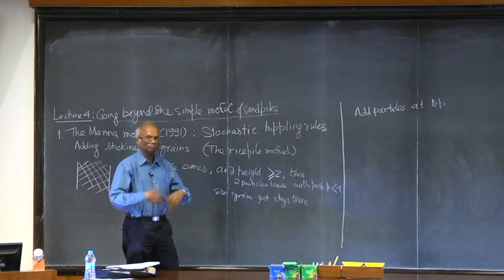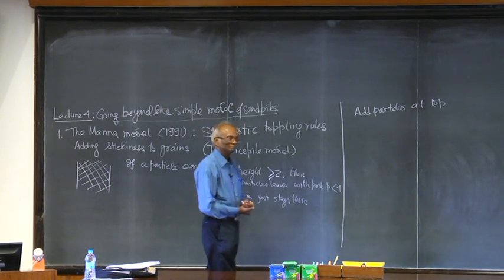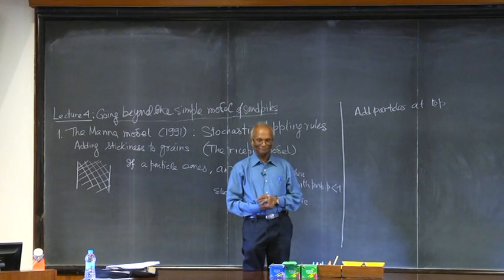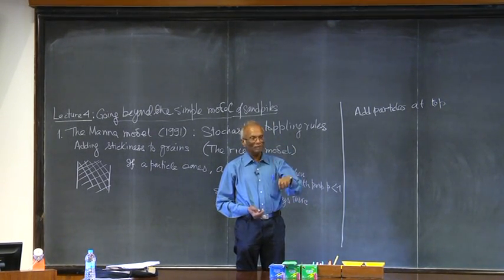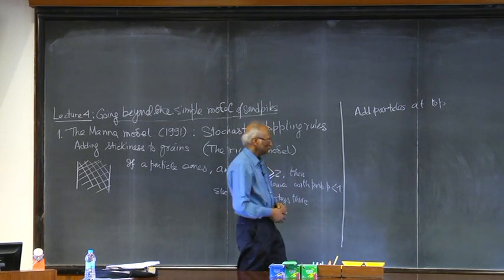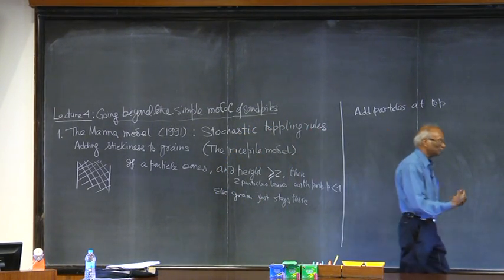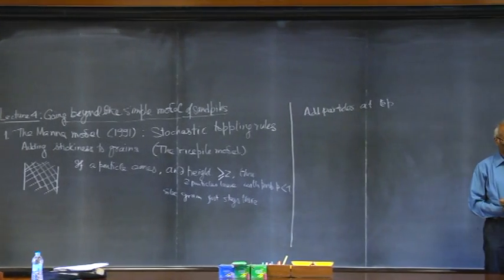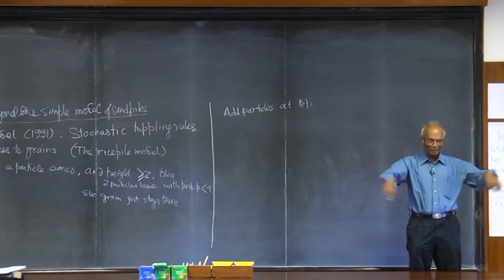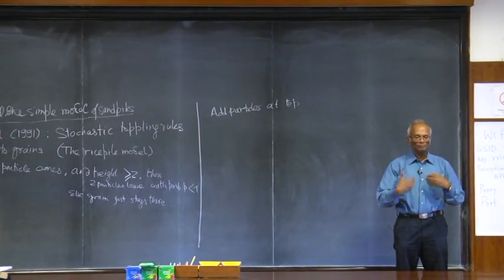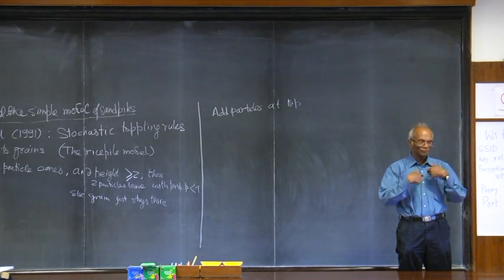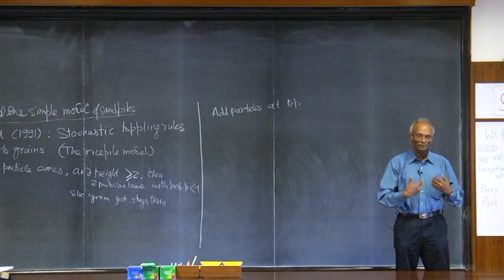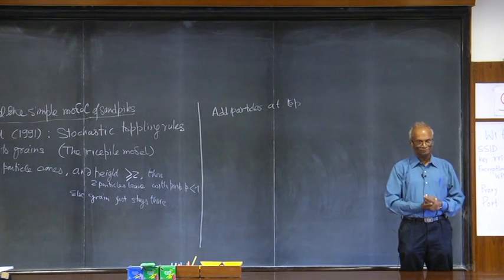Suppose p is 0.1, then what will happen? Well, you add particles, when one particle comes in, on the average 0.2 particles leave, because the height will become rather big. So, the height condition will be satisfied, but then with probability 0.1 you will throw out 2 particles, with greater probability you will let it stick, right.